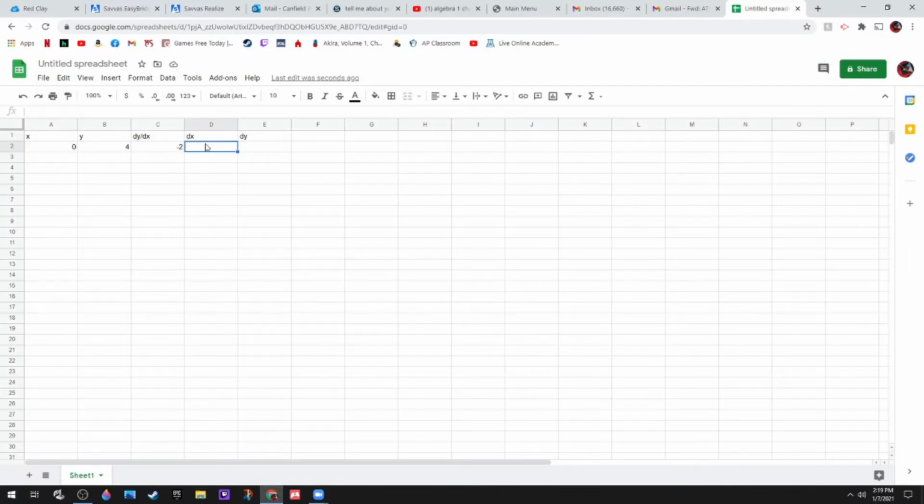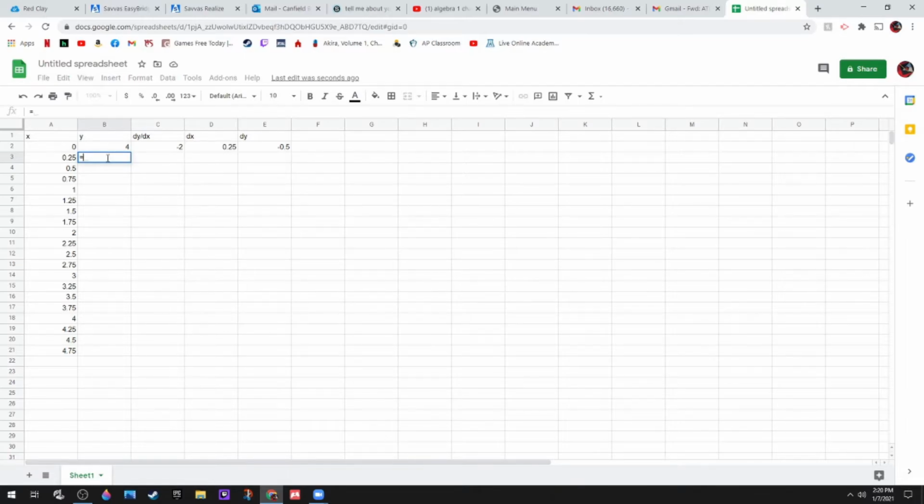So here's my x, here's my y. My dx is 0.25, and this is equal to that times that, right? So negative 0.5. Here's the cool thing. I can select those and drag that little box, and it'll continue the pattern as far as I want to go.